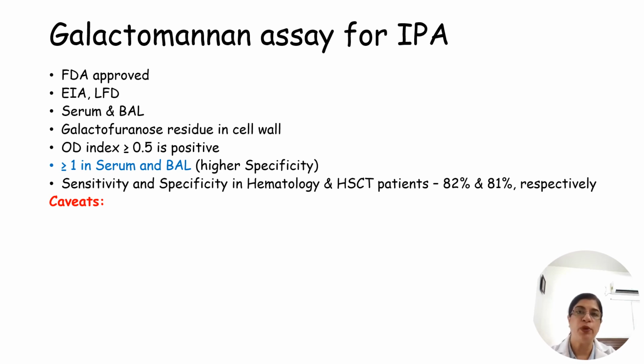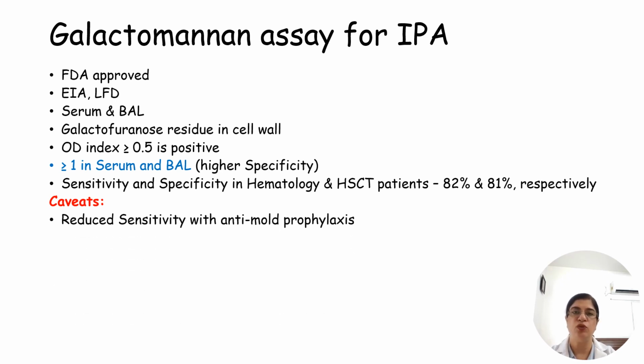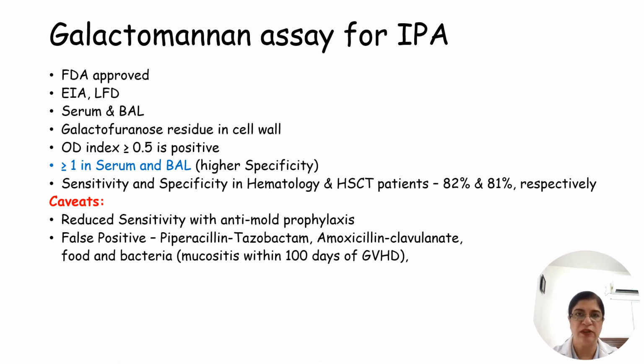So patient population and anti-mold prophylaxis, these two things influence the interpretation of this test, and with the use of anti-mold prophylaxis, the sensitivity decreases. There are many false positive responses to some antibiotics like piperacillin-tazobactam, amoxicillin-clavulanate, food and bacteria which carry the galactomannan on their surfaces.